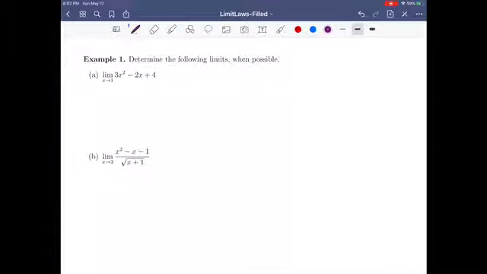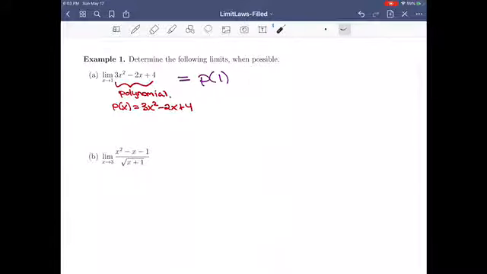So in this first one, I want the limit as x goes to 1 of 3x squared minus 2x plus 4. Now, we could use a variety of rules here, but the one that I want to use, so it's just one rule, this is a polynomial. Okay, so because it's a polynomial, let's call it p of x, what we can do is just plug in 1.